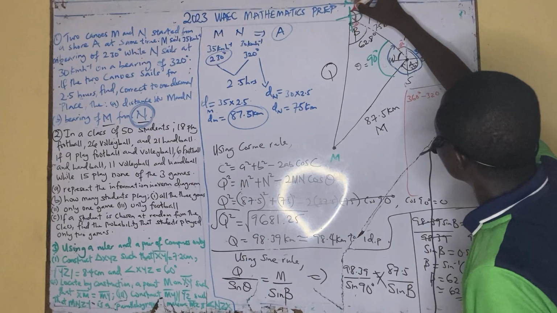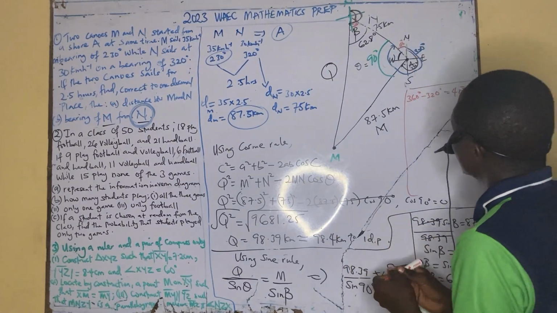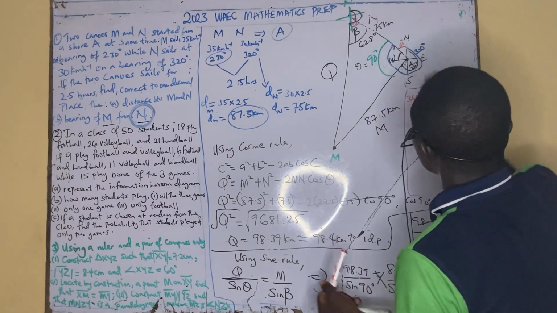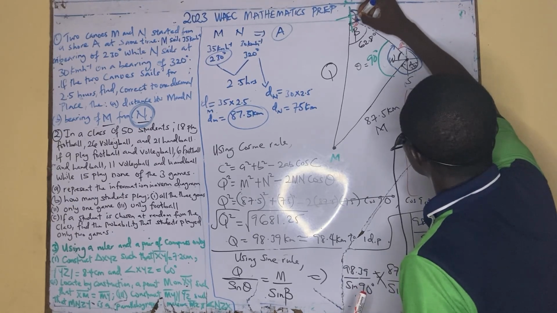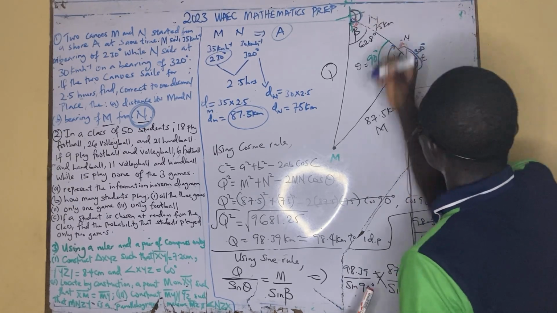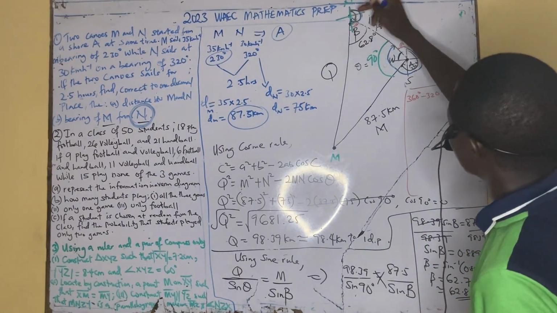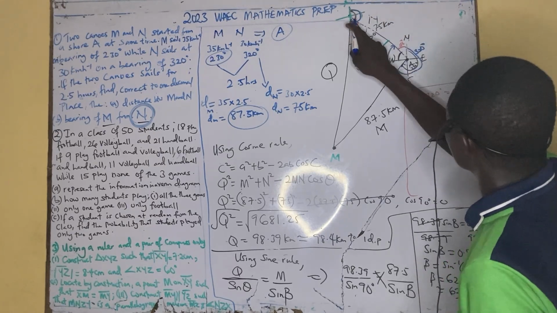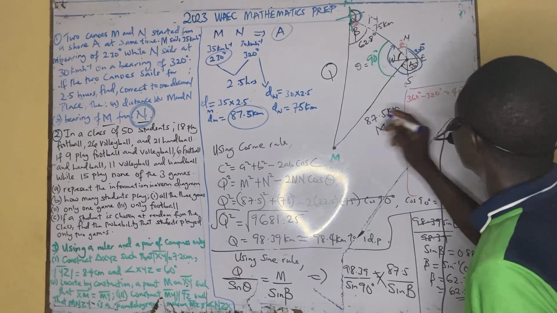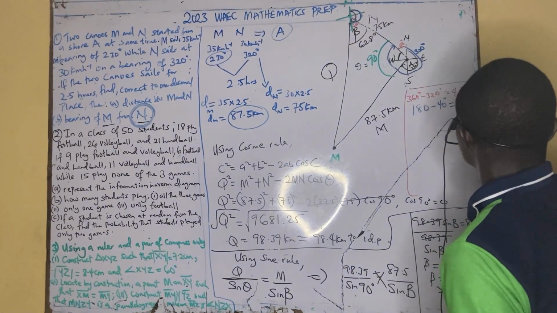Knowing fully well that from here to this point is 180, 180 minus 40 will give you from here to here. So 180 minus 40 degrees will give you what?